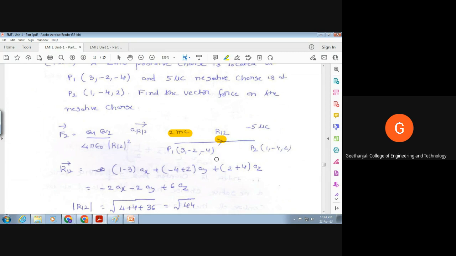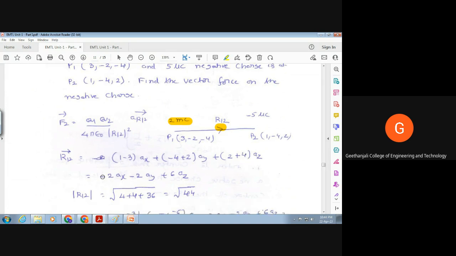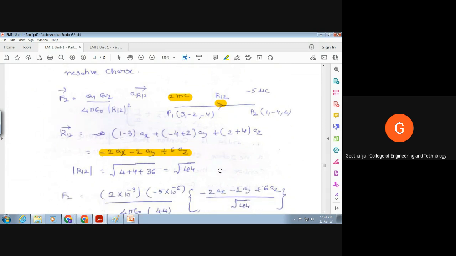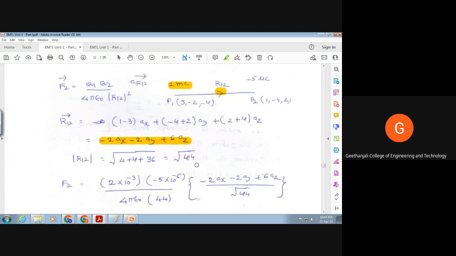So 1 minus 3 ax, that is minus 2ax, minus 4 plus 2 ay, 2 minus of minus 4, so plus 4 az. So it is going to be minus 2ax minus 2ay plus 6az. What is the magnitude? Root of minus 2 whole square plus minus 2 whole square plus 6 square. So it is going to be root 44.